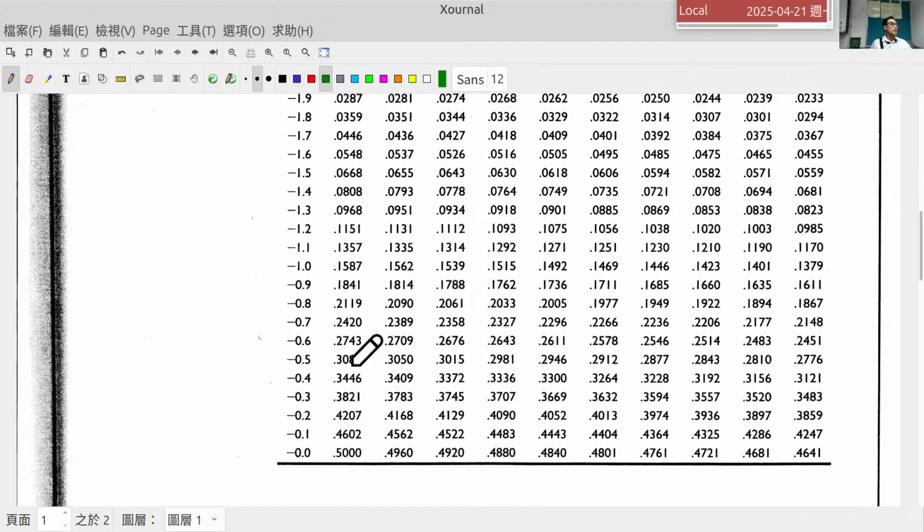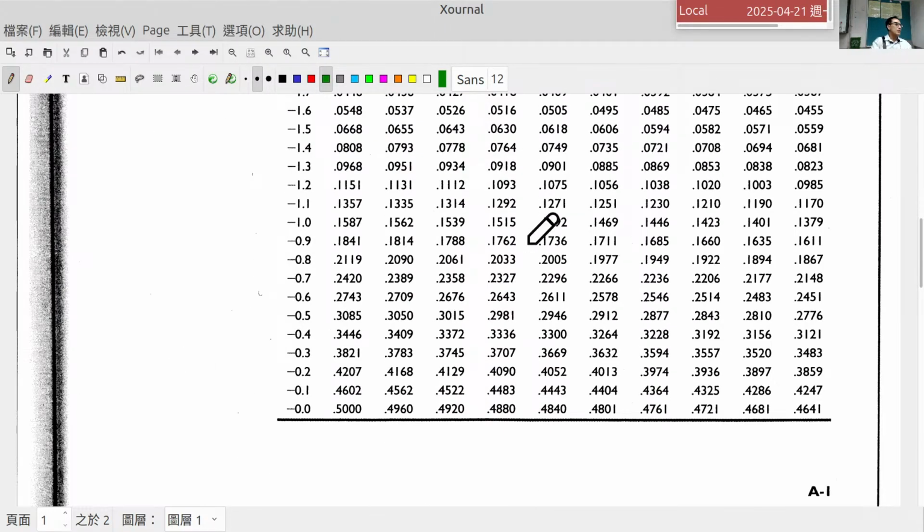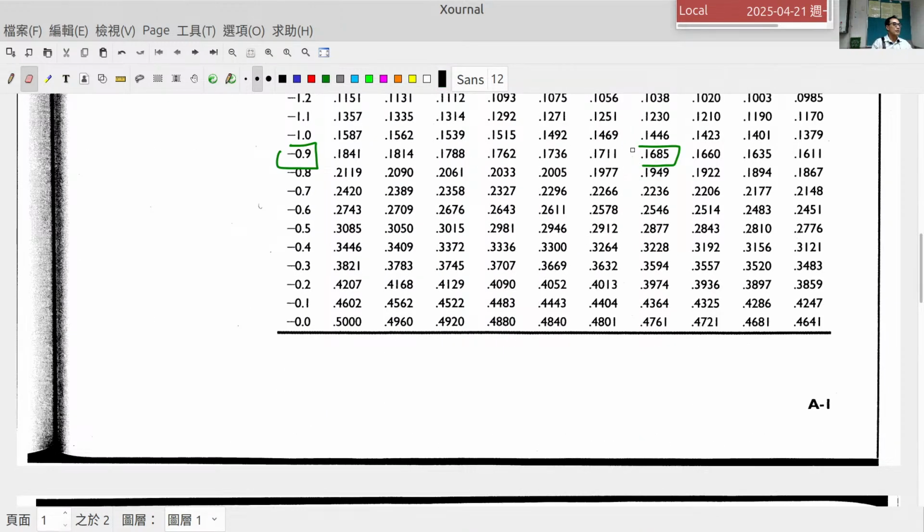Check the table. Okay, 0.97, 0.9, 1, 2, 3, 4, 5, 6, 7. Oh, sorry, here's 6. I'm sorry. Seven is here. What does it mean?